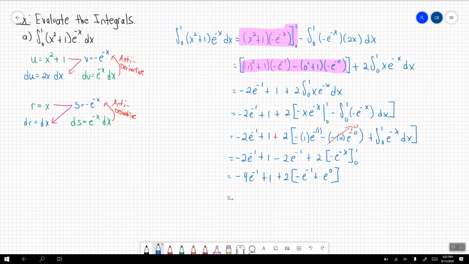Ooh, look at that. That is awesome. Negative 4 e to the negative 1 plus 1 plus, or in this case minus, 2 e to the negative 1. Distribute that and we get plus 2, which means final answer here, everybody, negative 6 e to the negative 1 plus 3. Wowzers.